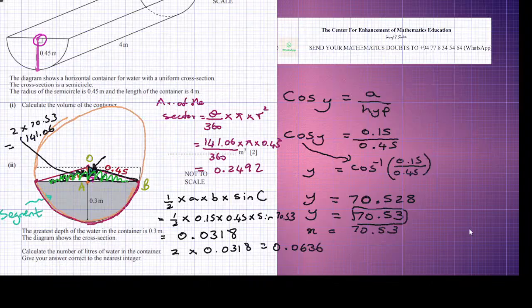So now we are in a position to find the area of the gray segment. From the area of the sector we subtract the area of the green triangle. So that's 0.2492 minus 0.0636.